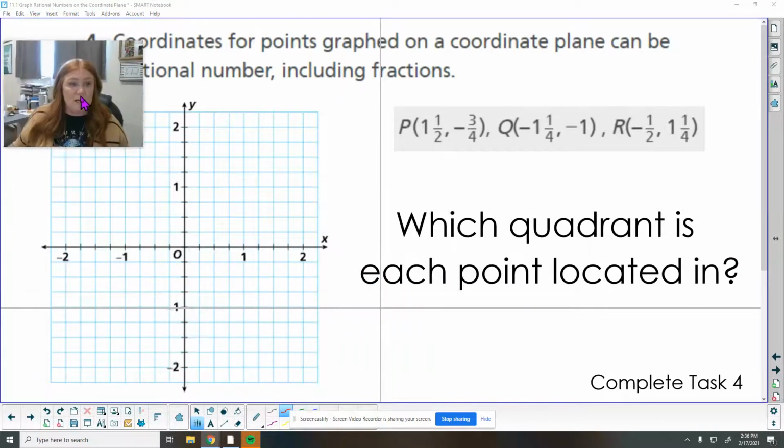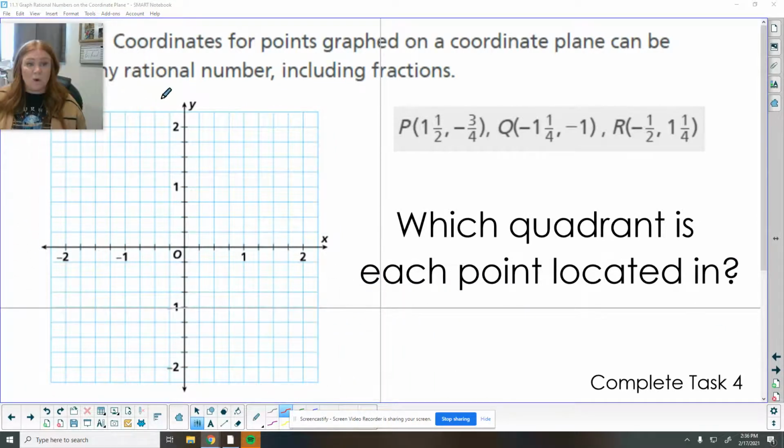Task 4 tells us that coordinates for points graphed on a coordinate plane can be any rational number, positives, negatives, decimals, and fractions. So we're going to look at these fractions here. So first we need to know, what is this denominator? We don't want to count the lines. We want to count the spaces.